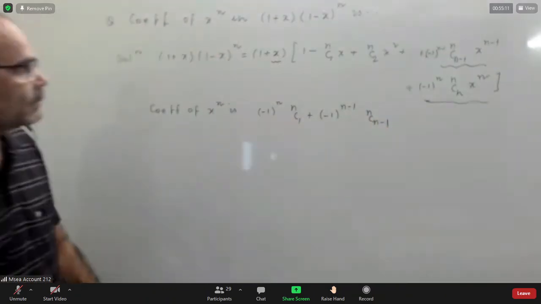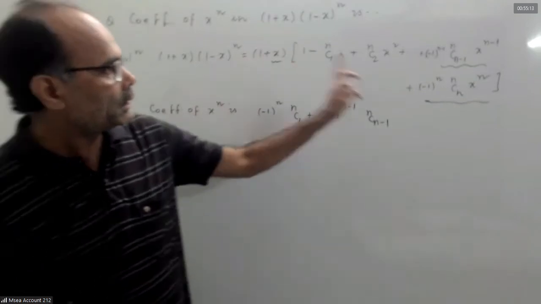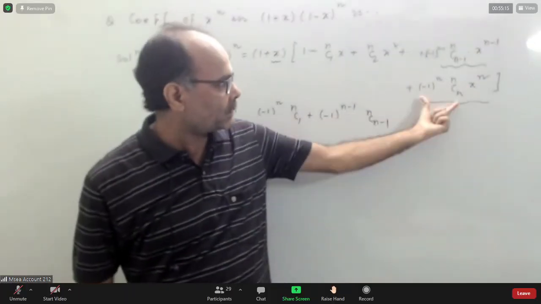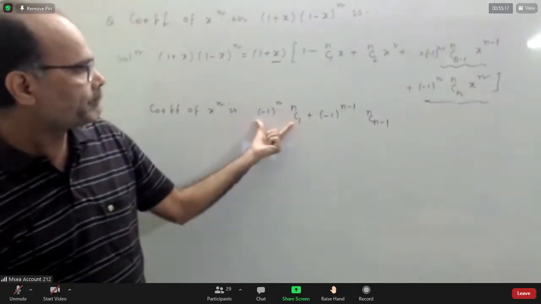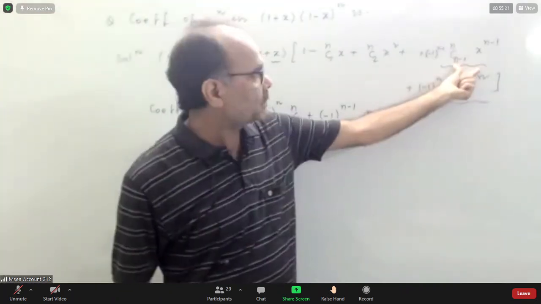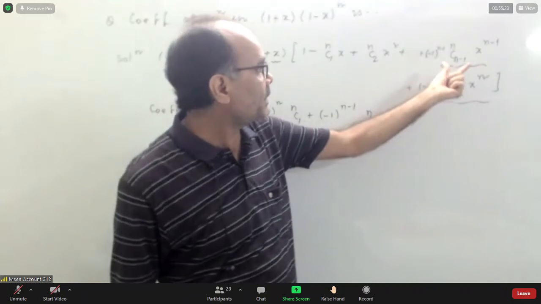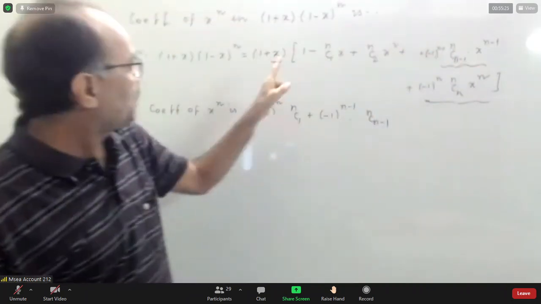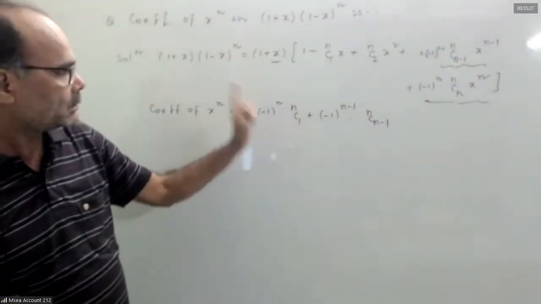That's it. 1 into this x to the power n, what is the coefficient? This. Plus x into this x to the power n, what is the coefficient? This term into 1. I've written it.